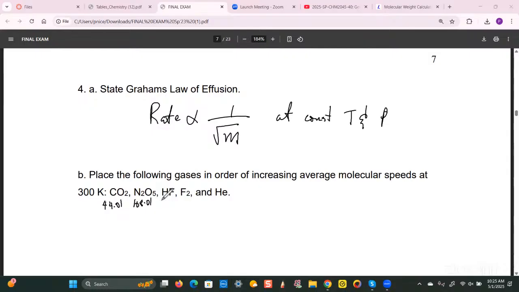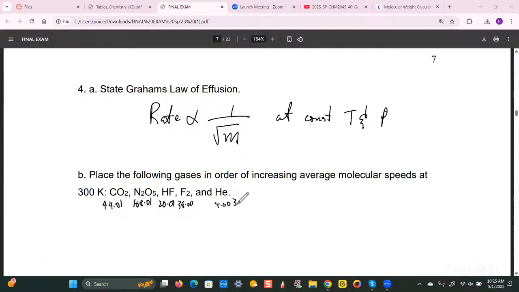For hydrogen fluoride, I know fluorine is 19, plus 1.01, so I would say 20.01. Fluorine gas, F2, is 2 times 19, so that's 38.00. And helium is 4.003.